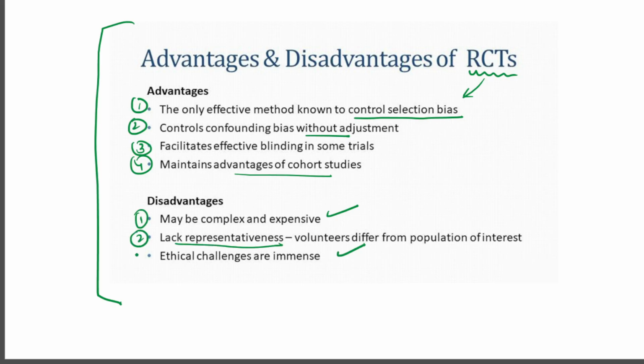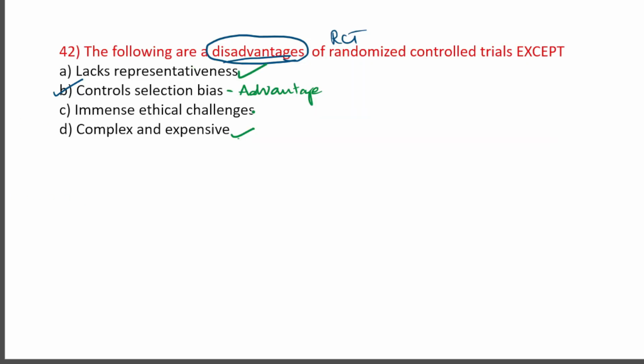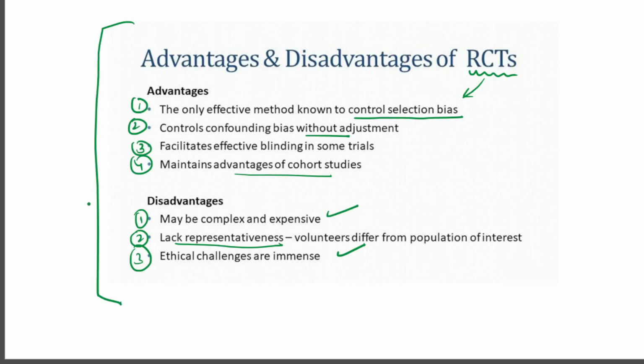All these three are disadvantages, and all three have been mentioned in our question. This is an option, this is an option, this is an option, and this is the reverse option. Therefore this has been taken as the answer for this question.